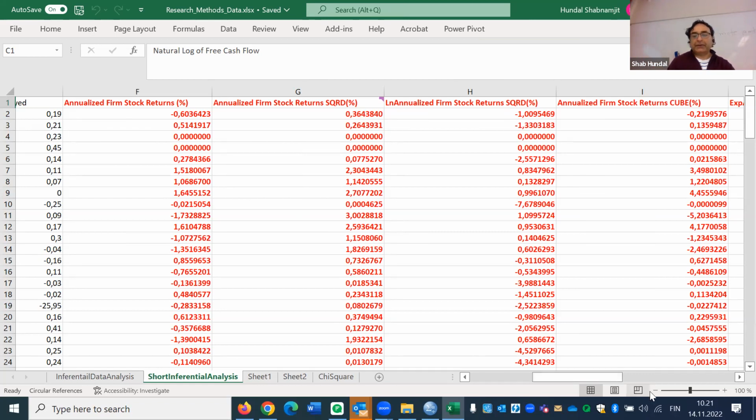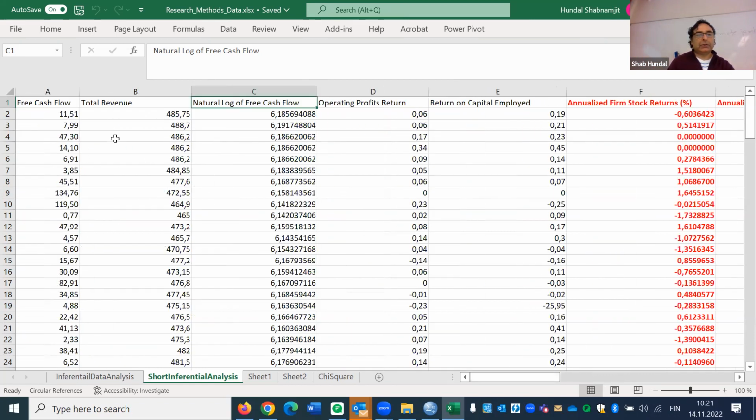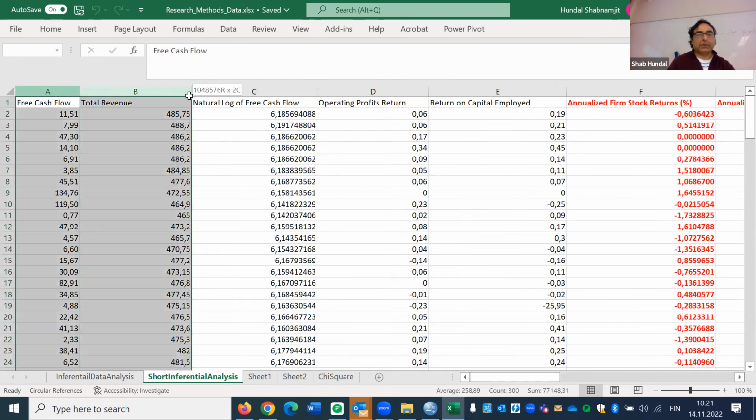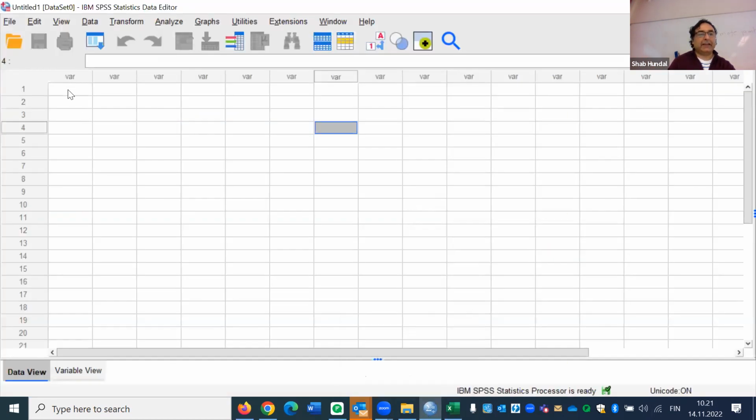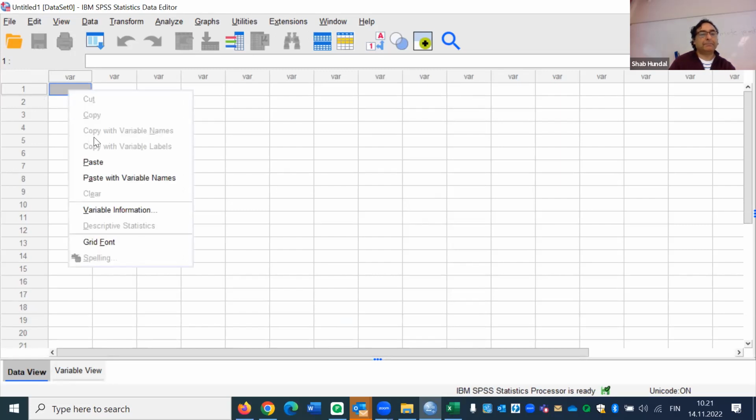So what I'm going to do is copy some of these columns, then take them to the SPSS workspace, first column, first row, and I click right. It might be a bit slow. It says paste or paste with the variable names. I would always click paste with the variable names, because then I don't have to type it.